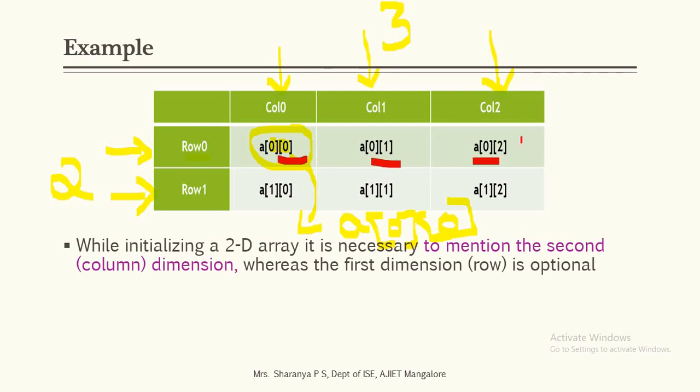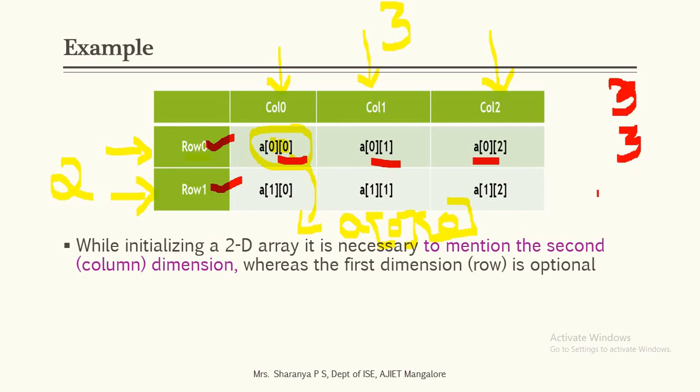If we mention the column number, then it is easy to split the rows to the next value. That is, in the very beginning the row value will be 0, and it is clearly mentioned that the column size will be only 3. Then, after entering up to here, it is clear that it needs to move to the next row for the next 3 elements.